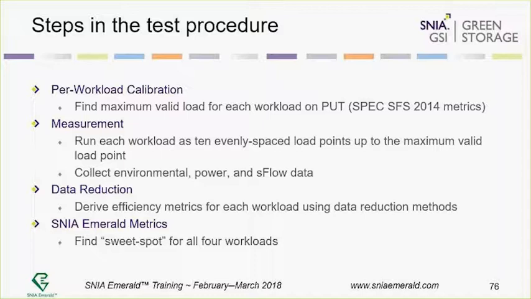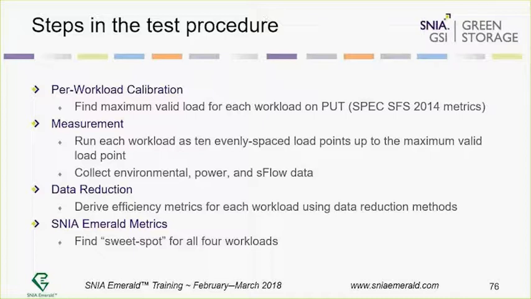Now there's an assumption that if your server is achieving its maximum throughput without getting invalid results, then hopefully at that same point or near there, you will have your peak efficiency, where your efficiency is your megabytes per second per watt of power that you're consuming.